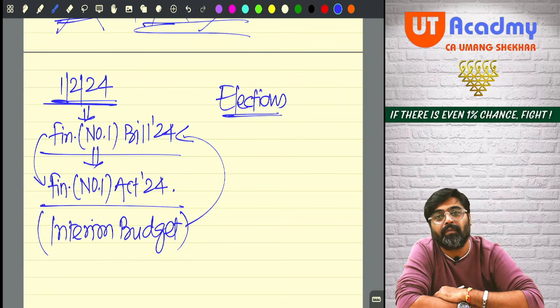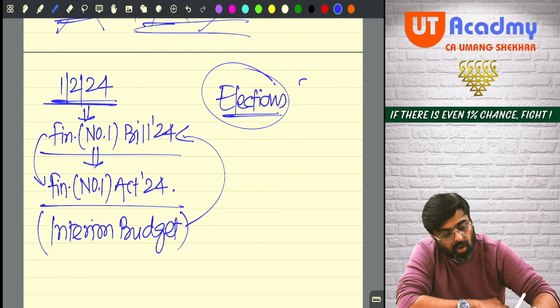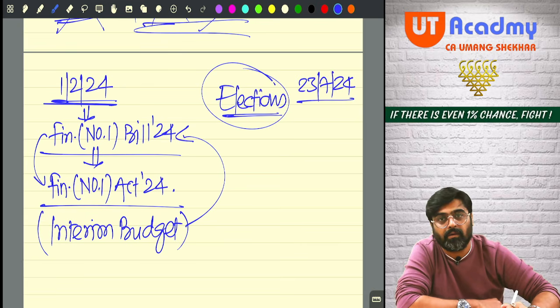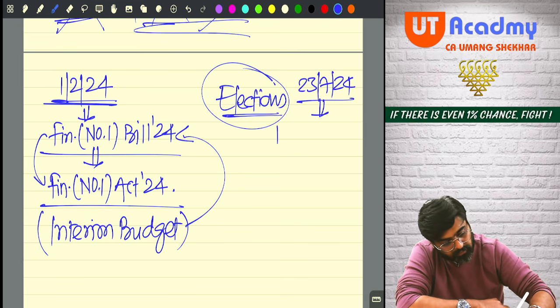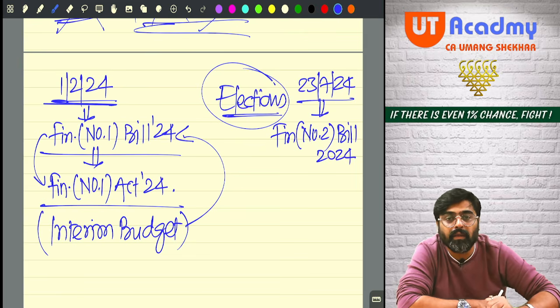Getting my point? So once the elections are done, after that, on 23rd of July 2024, another final budget was prepared. This was known as Finance number 2 bill of 2024.